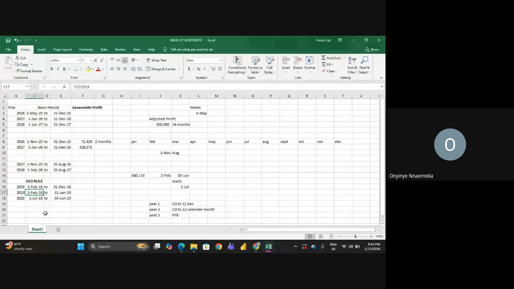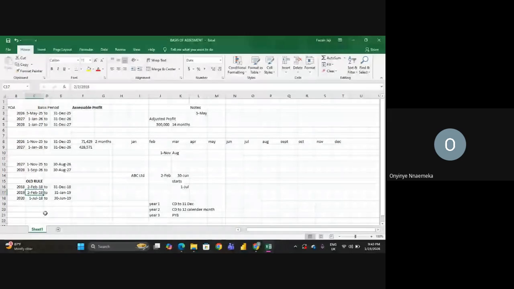So if you now notice this one, February to December has been taxed 2 times. To May 20, is it from January to May? It's not January.